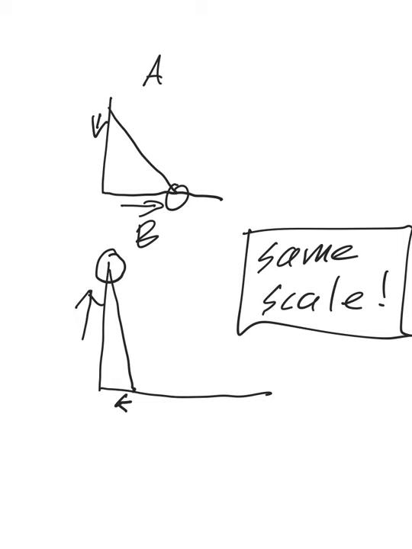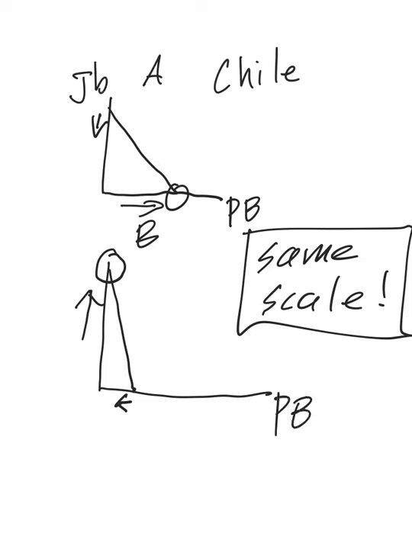In our problem that we're working on, A is Chile, and the horizontal axis good is the peanut butter, and the vertical axis good is the jelly beans. All right, and that's of course true for the other country.